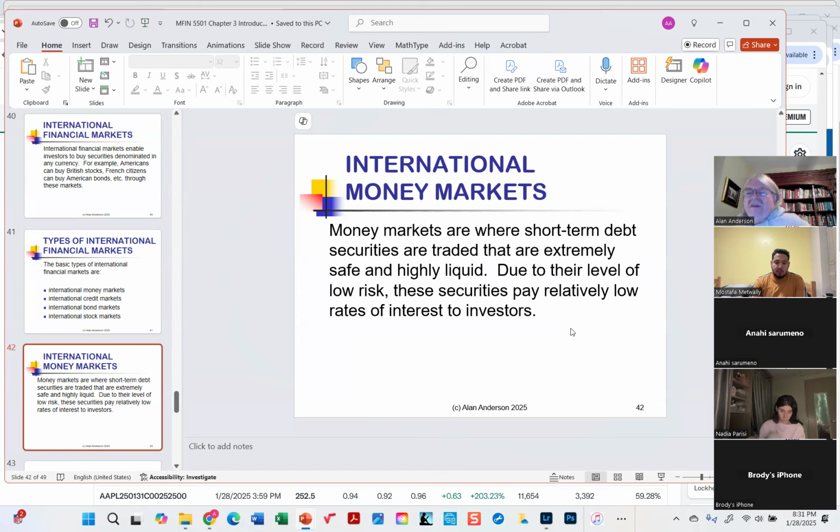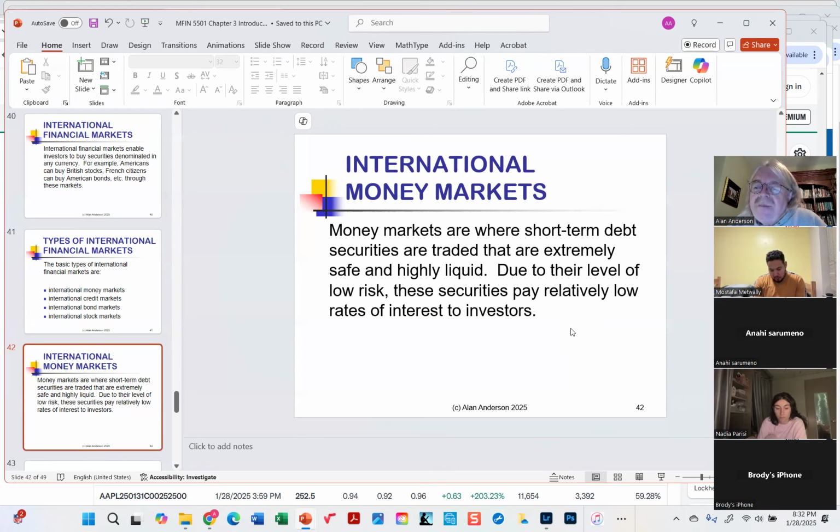Now, the US government runs up enormous deficits every year. They spend way more than they take in taxes. And how do they cover their deficits? They have to borrow it. And one of the main ways they do that is to issue these securities, which are a type of bond.